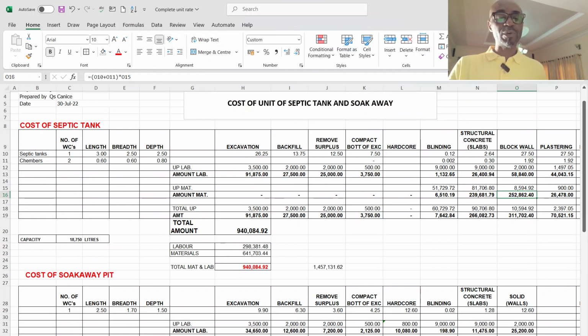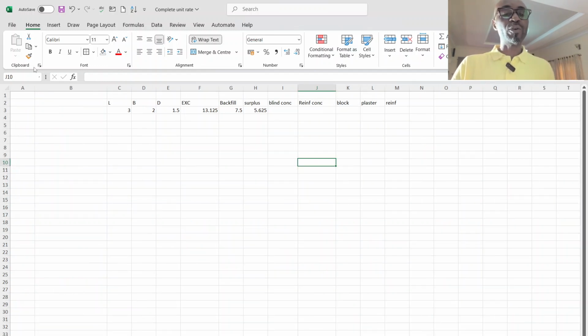So let us do a small exercise. Let me take us through how to prepare this chart fast, and let's see if you can come along with me on that.